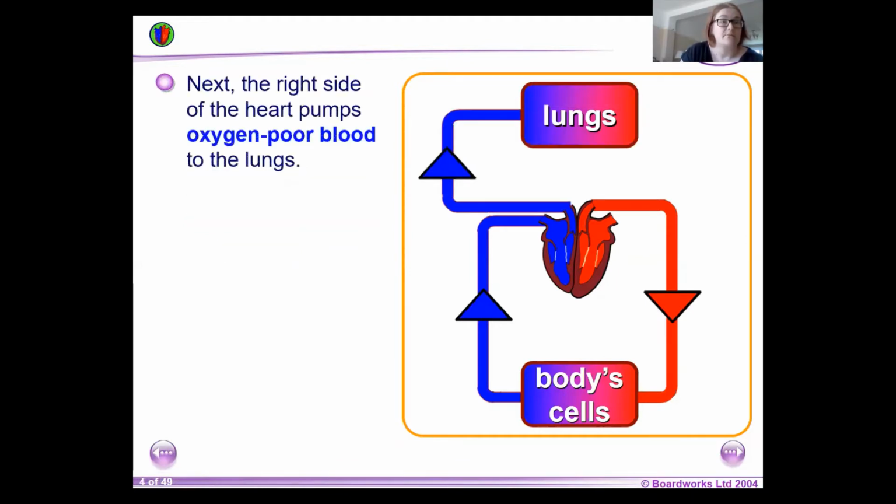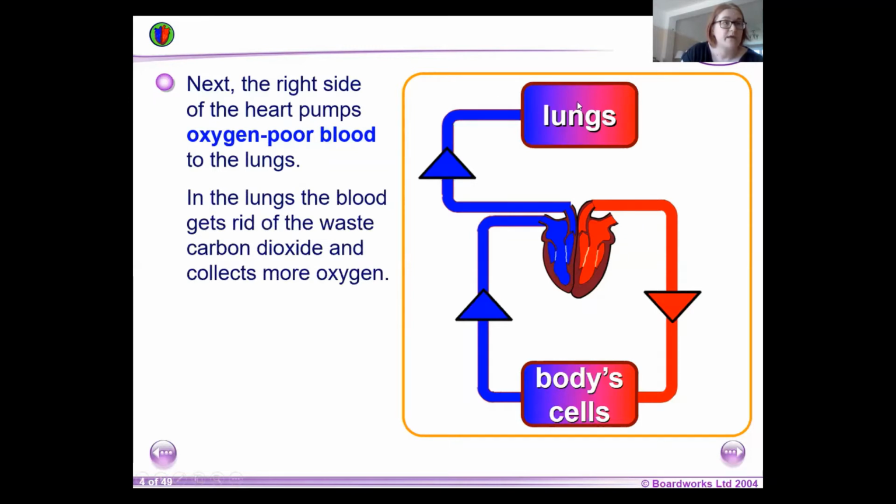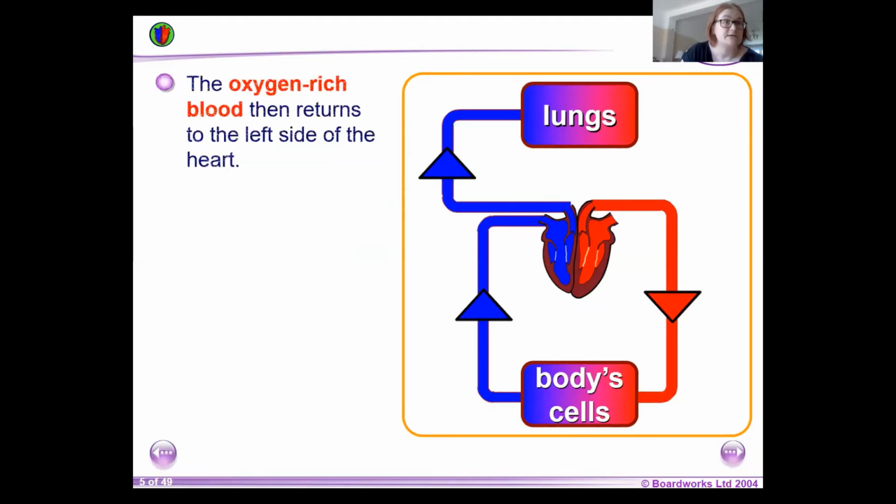Now, once that blood has got into the right-hand side of your heart, it then needs to get pumped up to the lungs. And it's going to get rid of that carbon dioxide and pick up some oxygen. So then we're going to have oxygen-rich blood coming out of the lungs and back into the left-hand side of the heart.